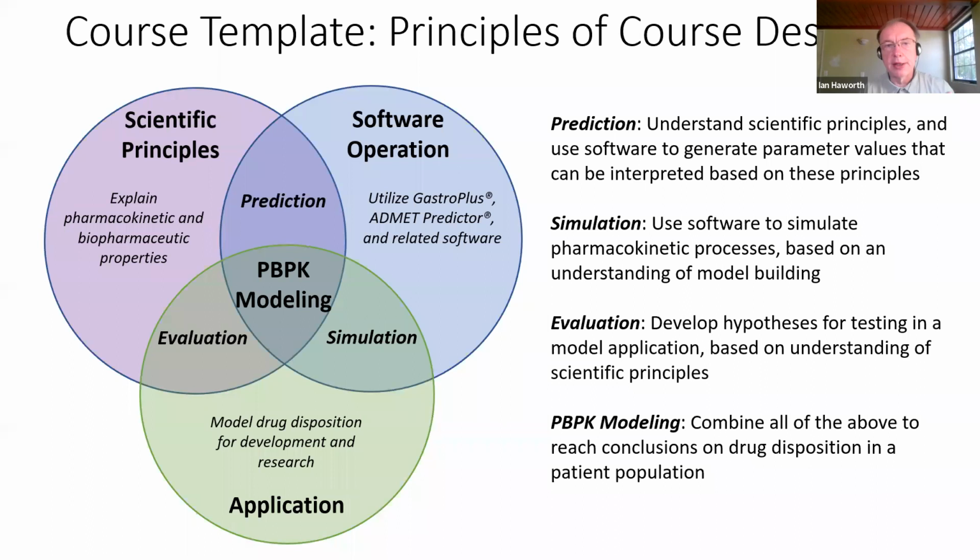You can do each of these two pairs of circles independently. Put it all together, then our suggestion is, from an educational perspective, you are doing PBPK modeling. Clearly, you've got a lot to learn beyond that, but we are getting the student to the point where they can actually do that modeling.